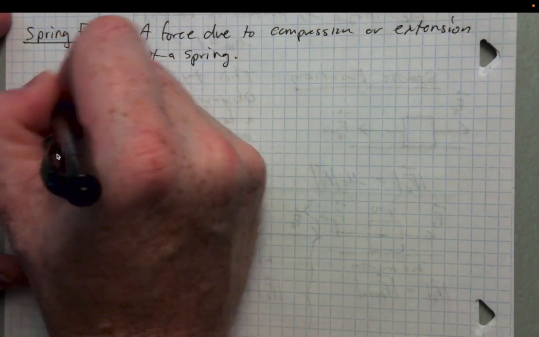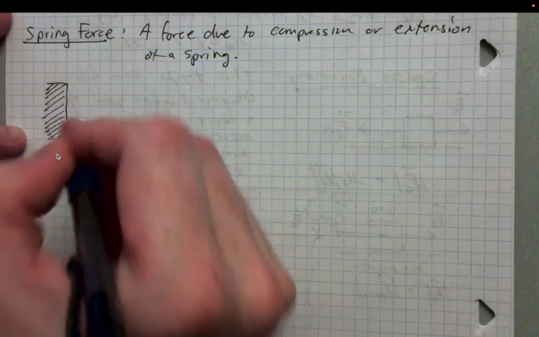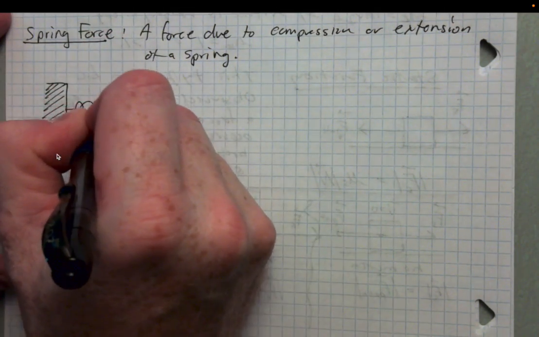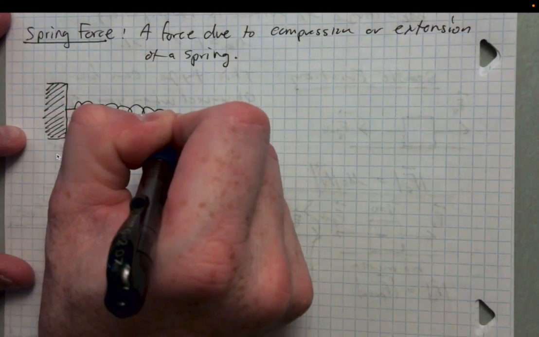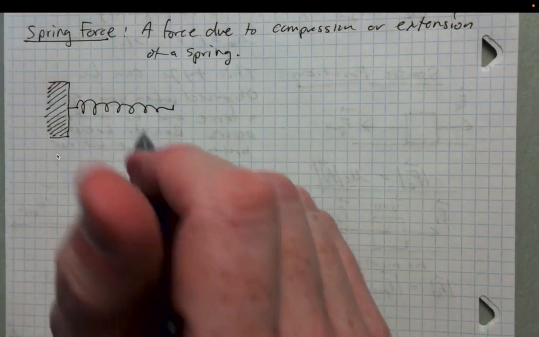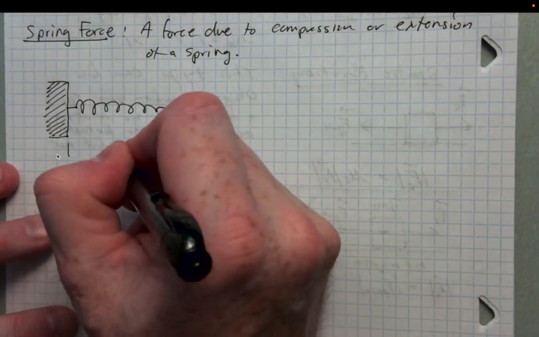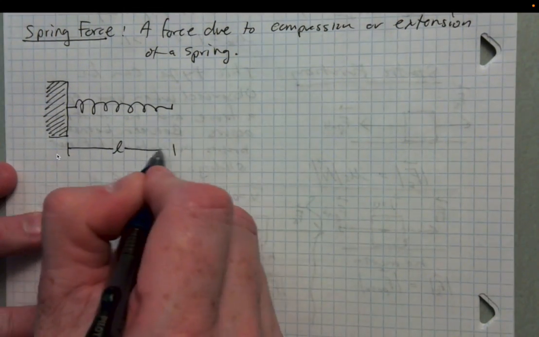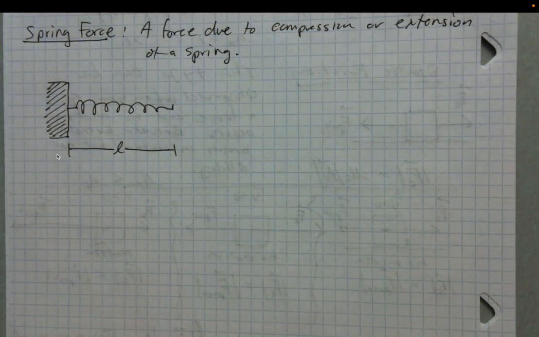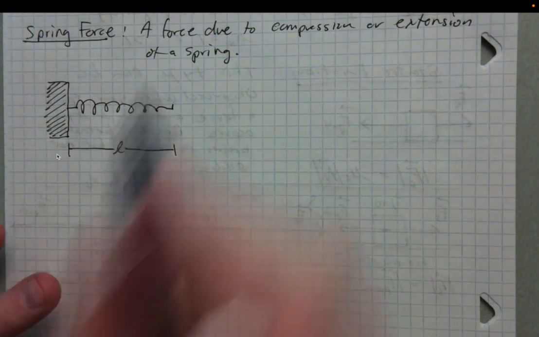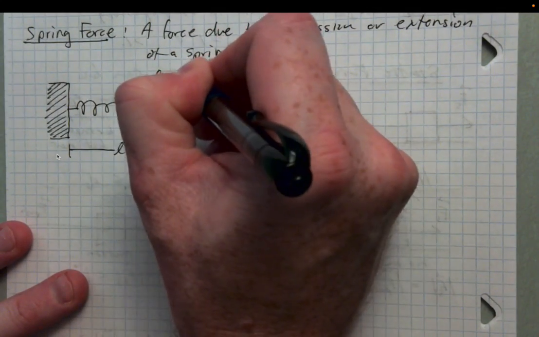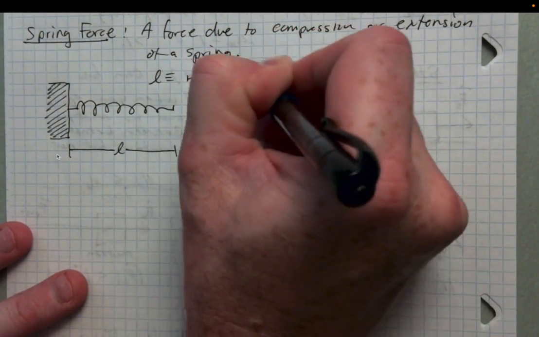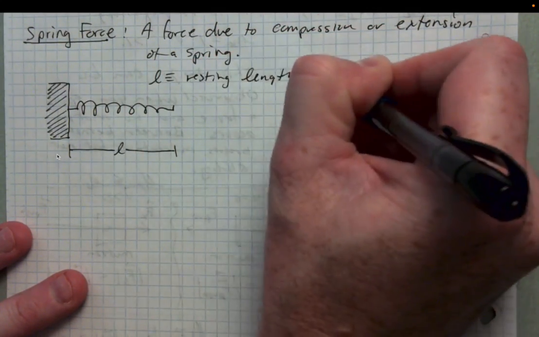Say I've got some kind of a wall, and attached to it is a spring. One of the properties of springs is they're going to have some natural resting position or resting length, and we'll denote that resting length as L. So L is the resting length of the spring.